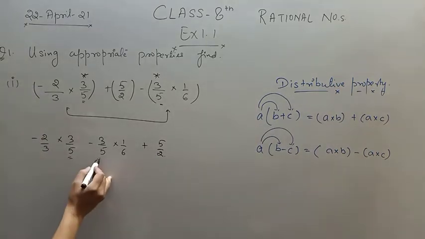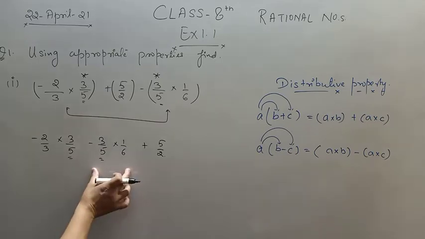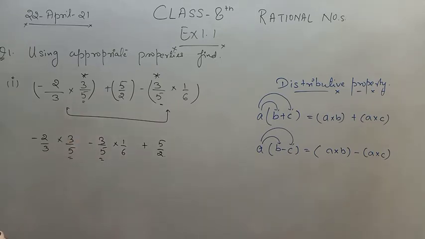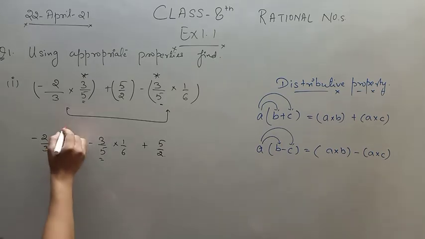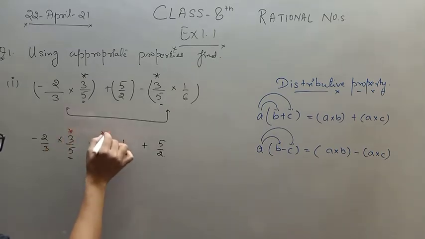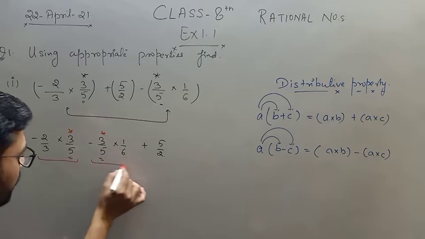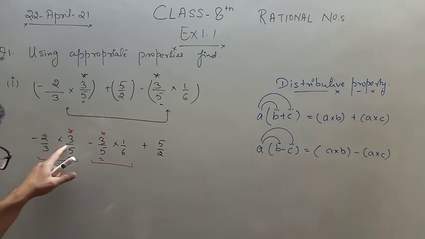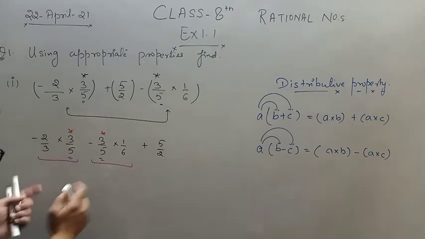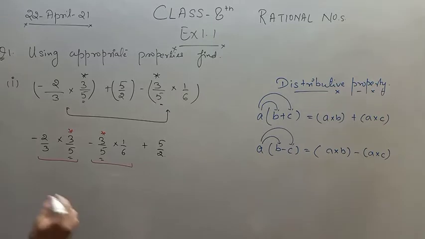Now 3 upon 5, 3 upon 5. Can I take 3 upon 5 common from these two values? Because 3 by 5 is given here and here. So I can take 3 by 5 common from these two values. What I'll get in the bracket?